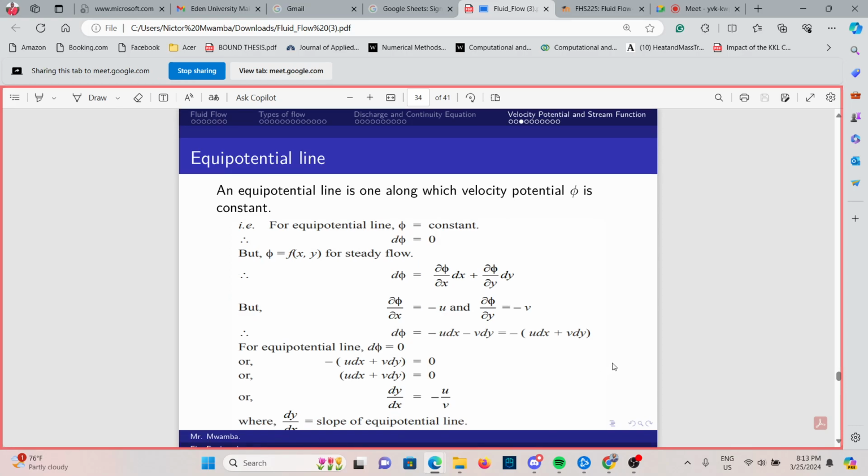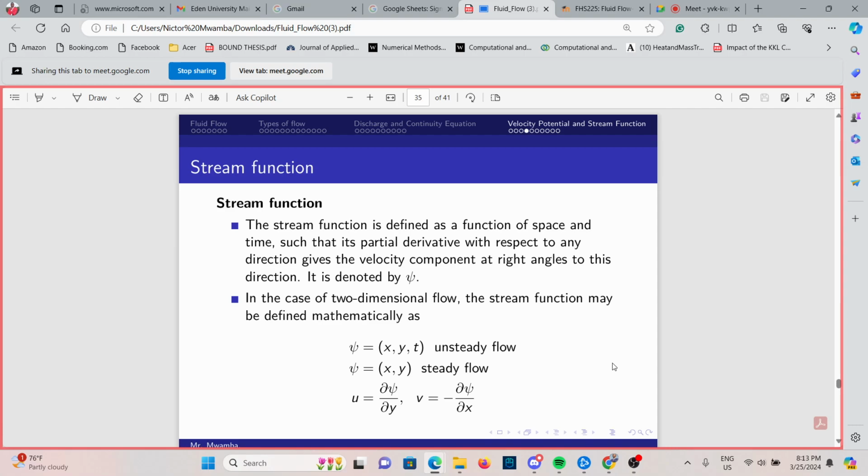The next one is the stream function. So there is a velocity potential and the stream function. A stream function, unlike velocity potential, is defined as a function of space and time such that its derivative with respect to any direction gives the velocity component at right angle to this direction.